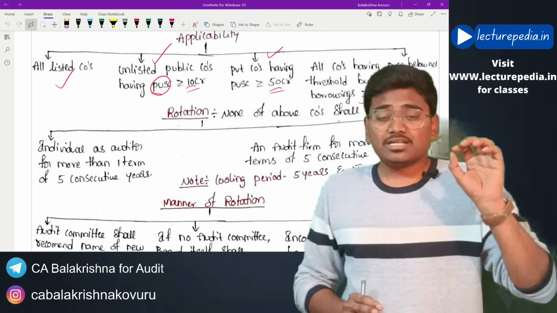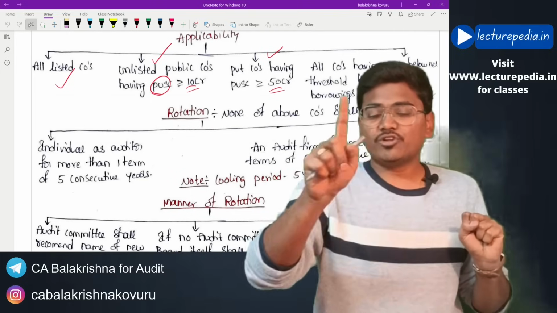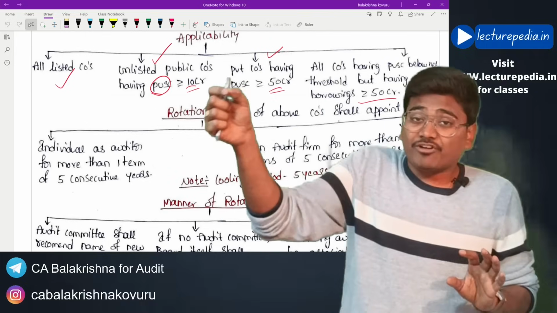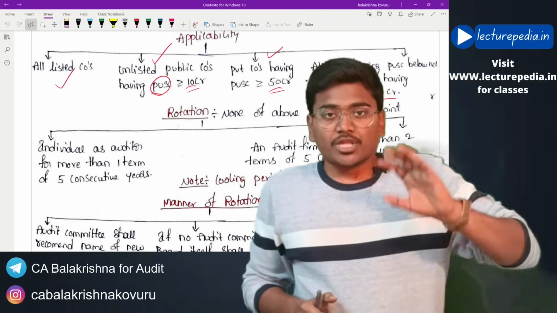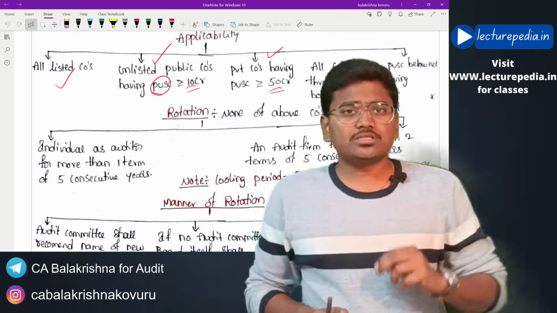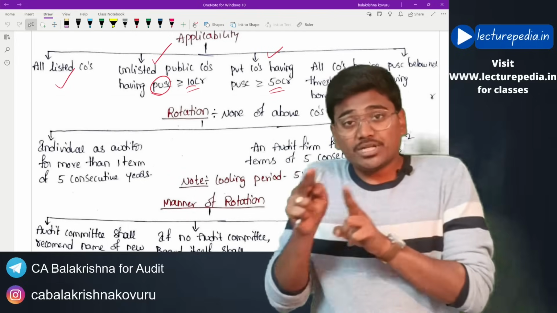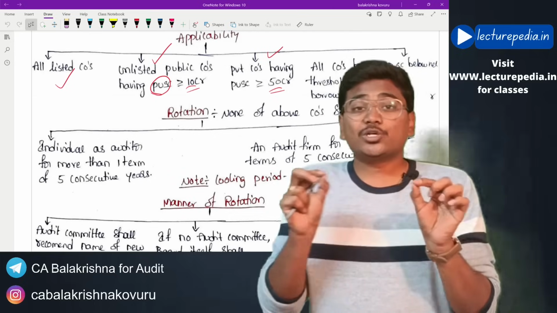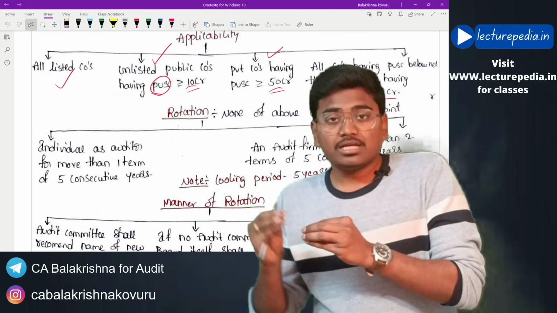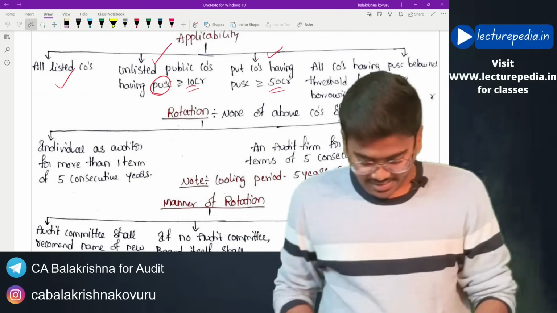An individual auditor can be appointed for a maximum of 1 term, that means for a maximum of 5 years. In the same way, a firm of chartered accountants can be appointed as auditor of the same company for 2 terms. That means 10 years. And after completion of these 10 years or 5 years, there is a cooling period of another 5 years. After completion of this cooling period, again they can be appointed as auditor of that particular company. Hope this is clear.